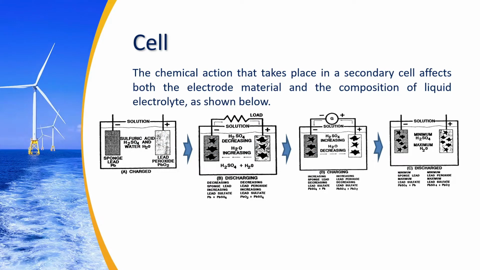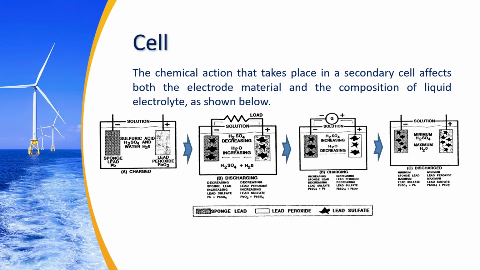So, kapag magdi-discharge na siya, yung sponge lead natin is mapupunta sa minimum at yung lead sulfate natin is magiging maximum. Then, sa kabilang electrode natin, yung lead peroxide is going minimum. Then, yung lead sulfate is papunta siya sa maximum.